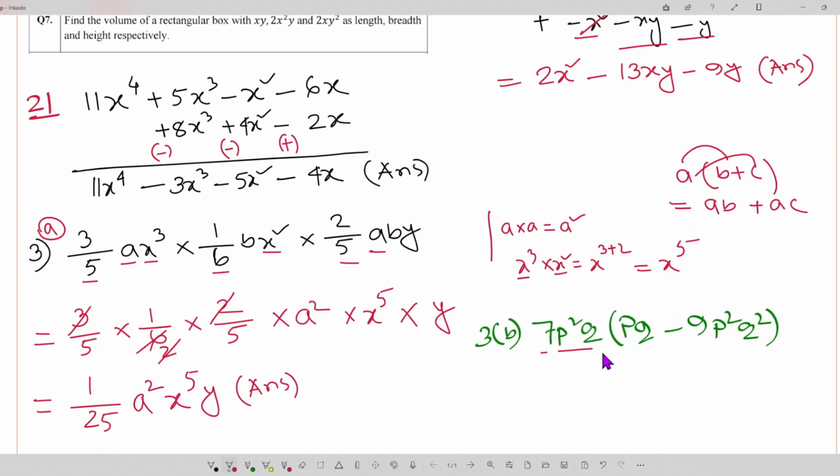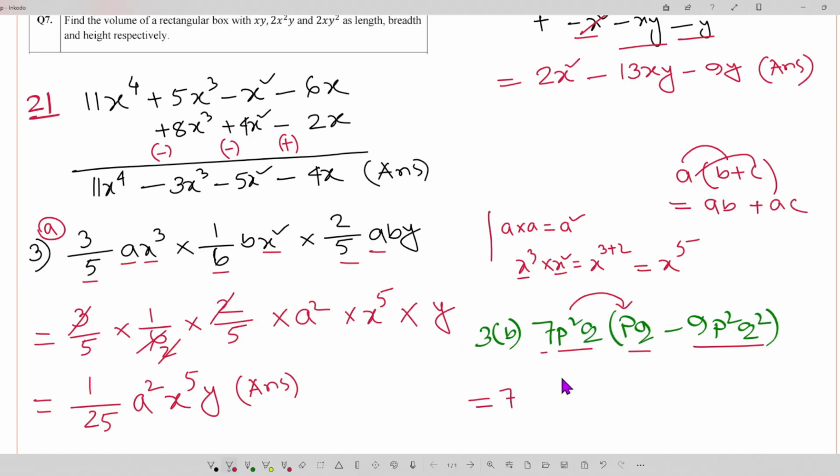7p square q pq minus 9p square q square. As per distributive law, we multiply 7 with the first one. 7 is a constant, so it will be unchanged.